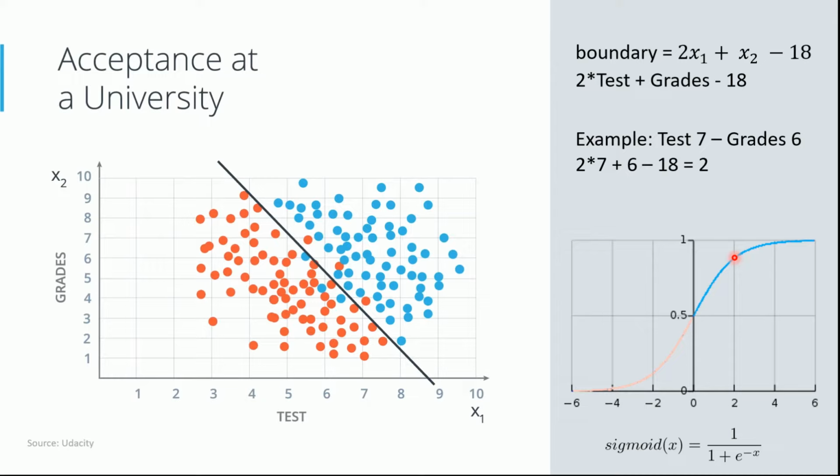Now, our prediction is how likely it is for a student, let's say, to be accepted, right? Since this is on the positive side, the sigmoid activation function will take any positive number and turn it into a probability between 0.5 and 1. Since this is 0.6, it means that yes, indeed, it took a positive number and turned it into 0.6.